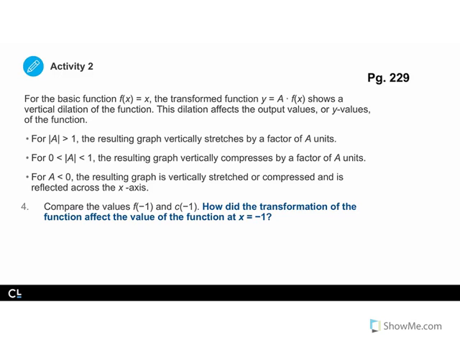The last thing I want to go over is what that a value can do to that function. So it says, for the basic function f of x equals x, the transformed function y equals a times f of x shows a vertical dilation of the function. This dilation affects the output values or y values of the function.